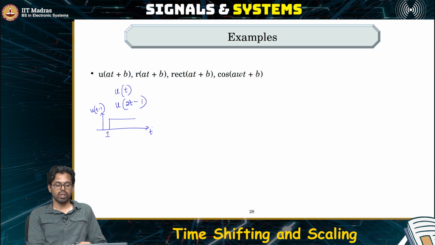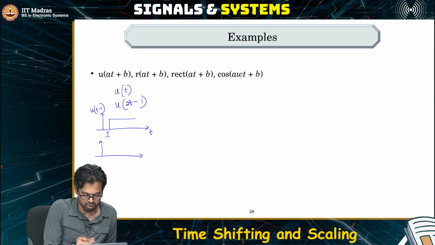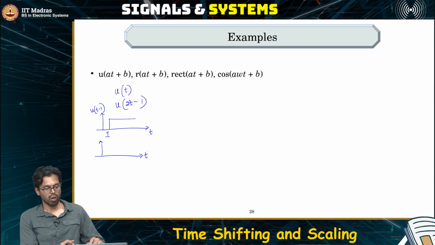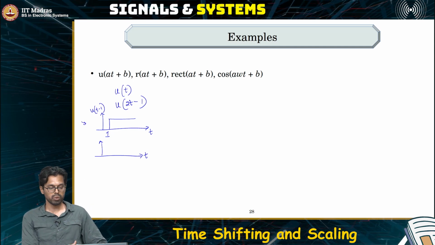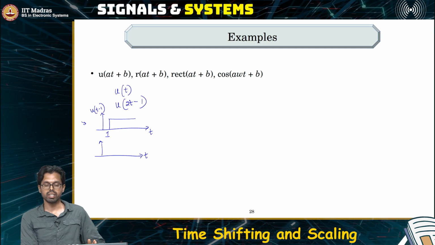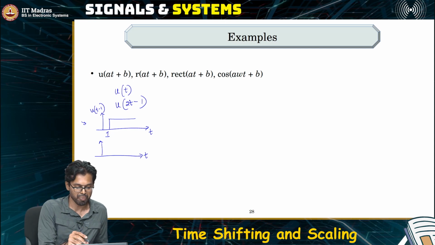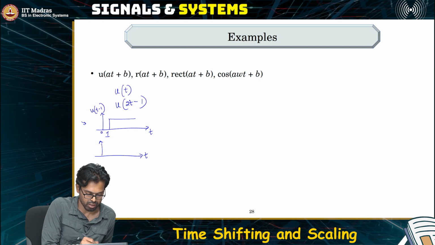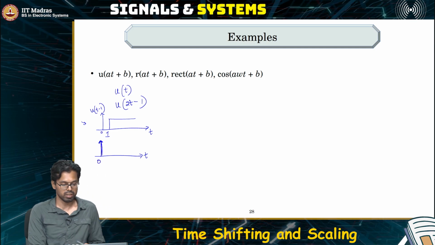And then now let's do the scaling operation. So if we do the scaling operation now on this signal, what do we do? So we keep the origin fixed as such and then we scale about the origin. In other words, the origin here is 0 and this origin here is 0.